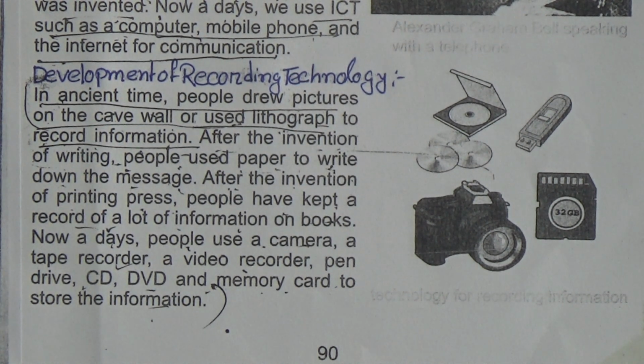And then when the printing press was invented, people used a book or diary to collect the information. Now in modern time, we use camera, laptop, mobile phone, tape recorder, video recorder, pen drive, CD drive, DVD, and memory card to store our information.